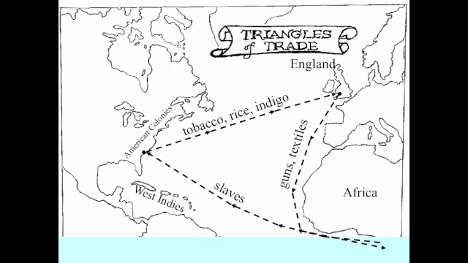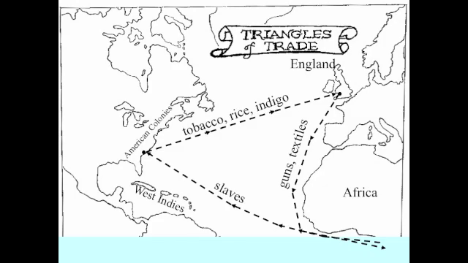Since we're talking about trade, let's talk about the two different triangles of trade. This is the triangle of trade that's most commonly known and most commonly used. It's a 3-point pattern of trade between Great Britain, the 13 colonies, and West Africa. From the American colonies, tobacco, rice, indigo, and cotton would be shipped over to England.